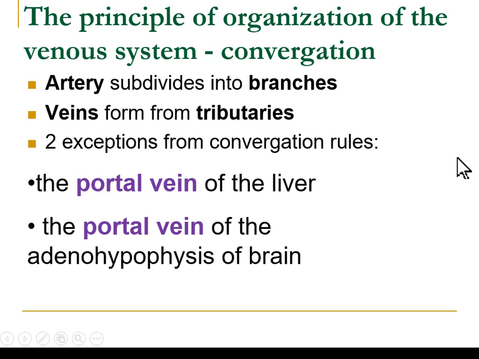The principle of organization of the venous system is convergence. An artery subdivides into branches, while veins form from tributaries. This principle is divergence for arteries and convergence for veins. Veins form from many tributaries.